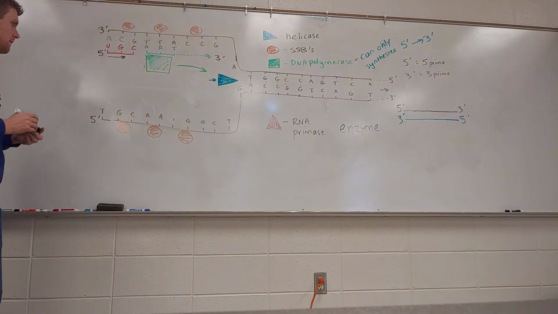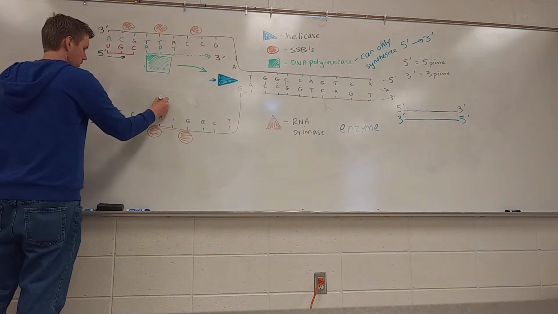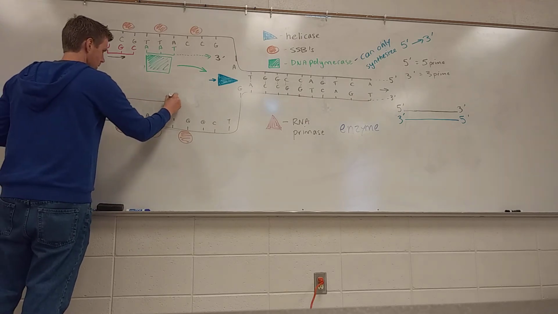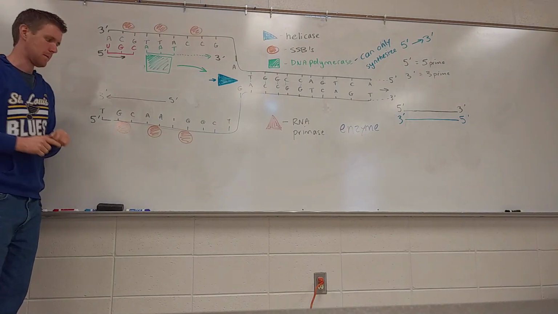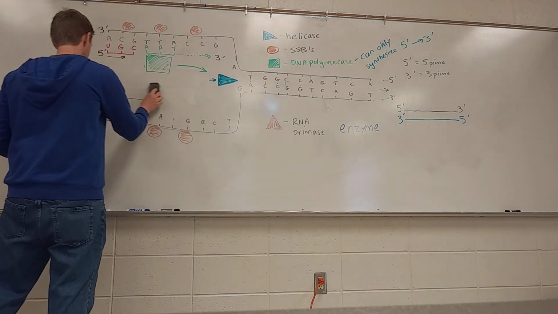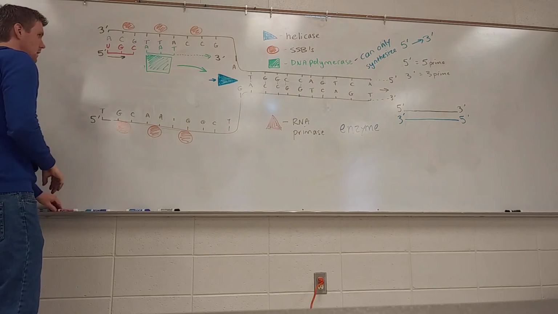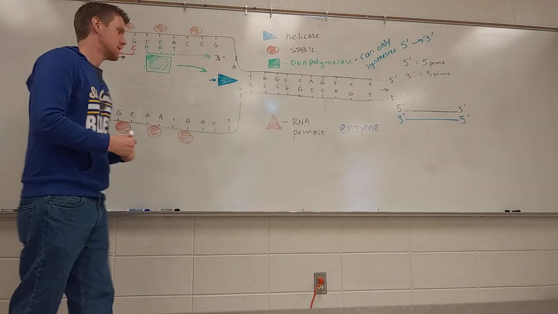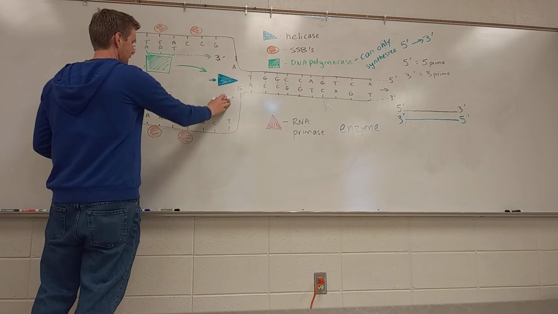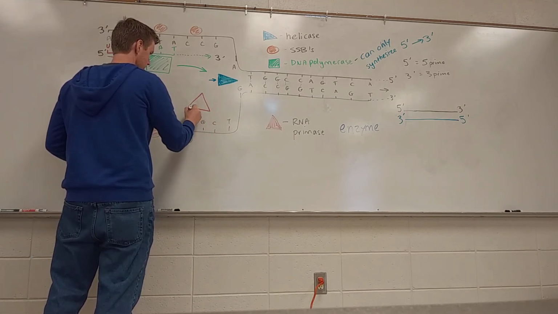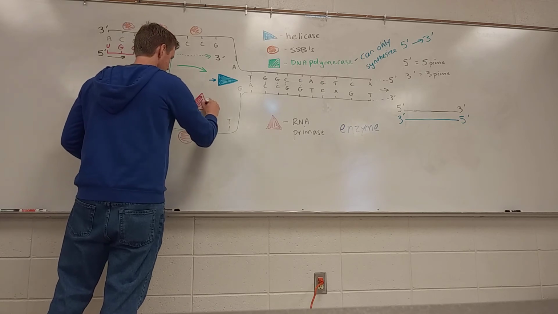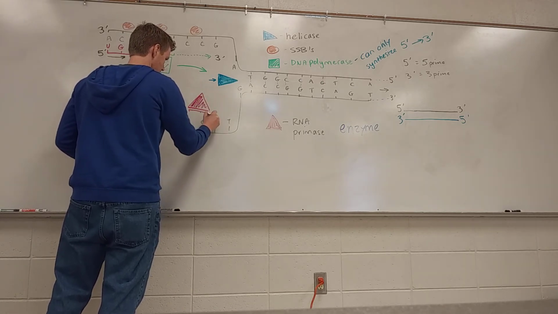However, down here, if we want to build the direction of 5 to 3, we have to build backwards. And that's exactly what's going to happen. Primase comes in after helicase has opened up some space for us. Primase comes in, lays down the first 3 letters.